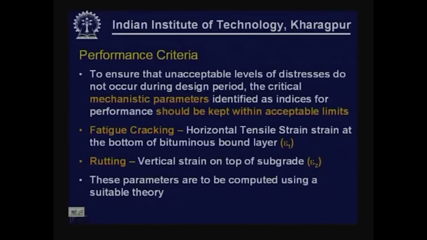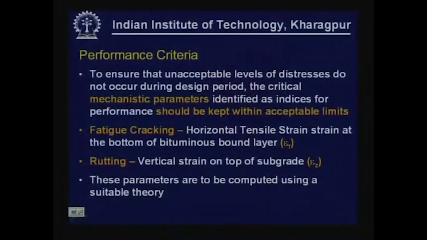To ensure that the pavement does not have unacceptable levels of fatigue cracking and rutting, we have to keep these critical mechanistic parameters within acceptable limits. What these acceptable limits will be is different for different conditions, and we will discuss this subsequently.